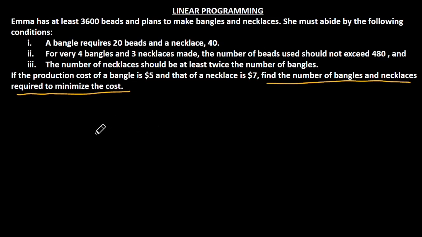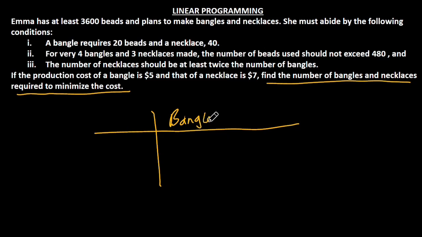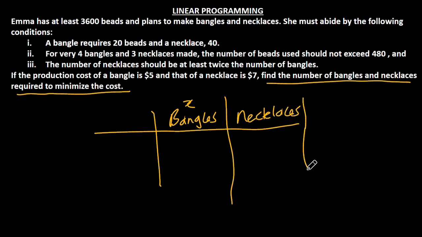we can again come up with a table. Here we have bangles, which is represented by letter X, and here necklaces, which we represent with letter Y. And then we shall come up with the minimum cost, which we represented by letter C using our objective function.